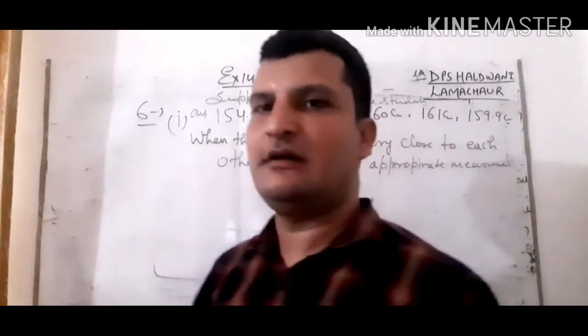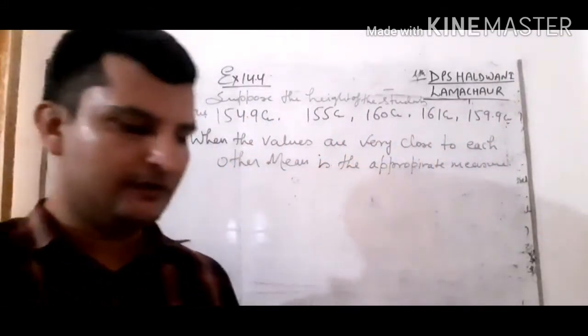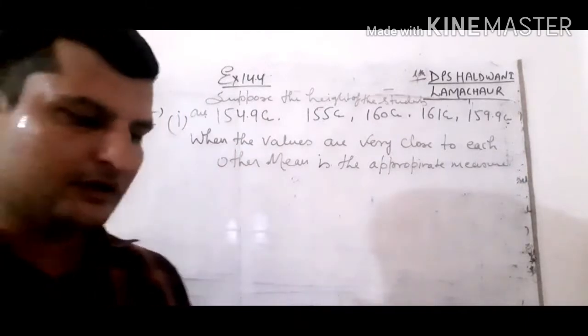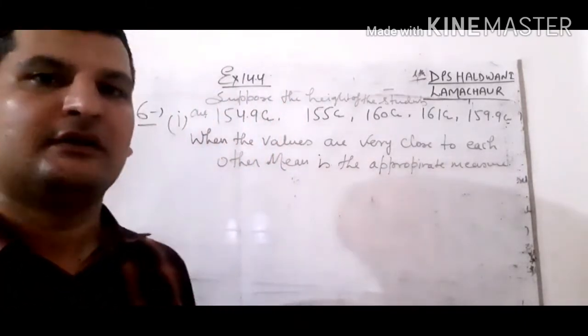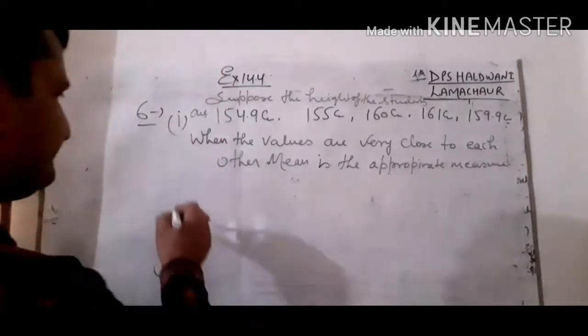Now students, in the second part, what do we have to find? The mean is not an appropriate measure of central tendency, but the median is. Where can we use the median?